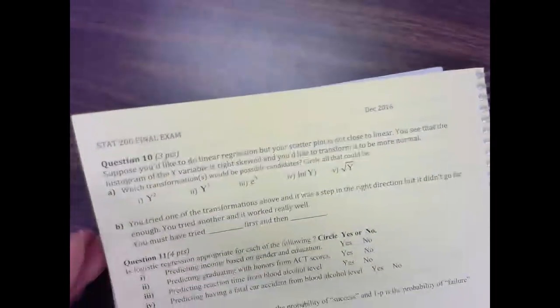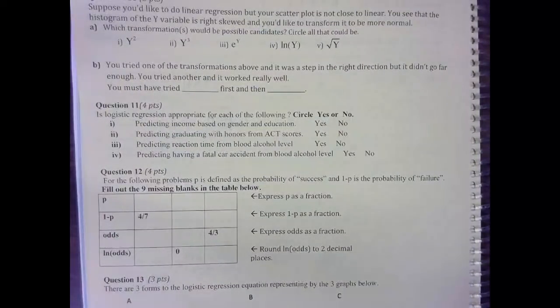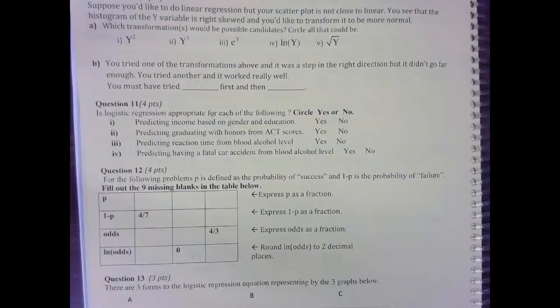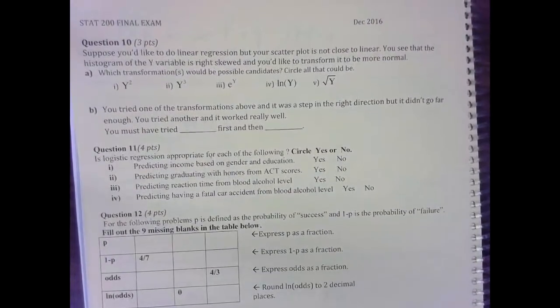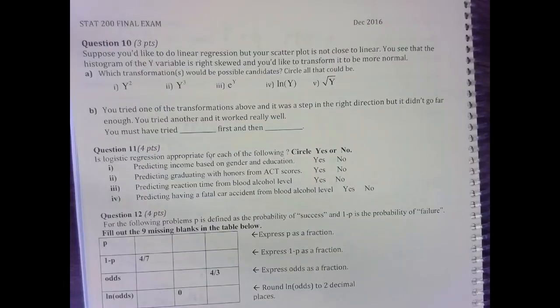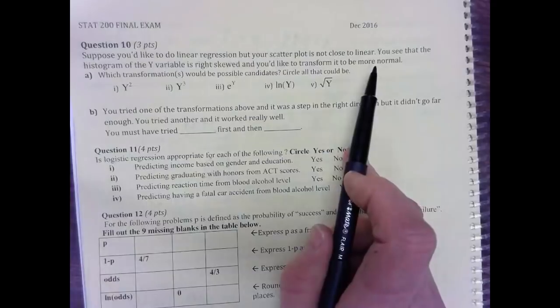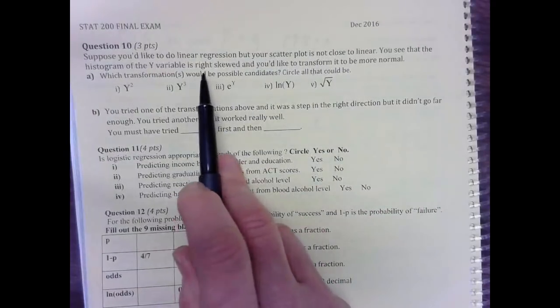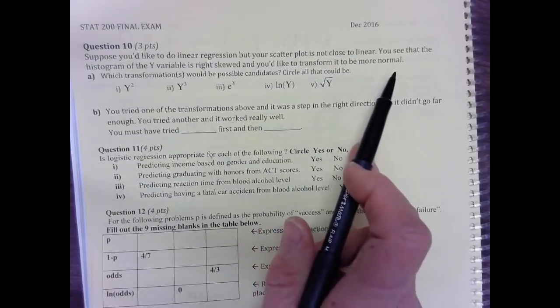And here we are. Okay, so now we're on this exam 3 material, and the first question is about transformation of variables. It says, suppose you'd like to do a linear regression, but your scatter plot's not close to linear. You see the histogram of the y variable is right skewed, and you want to transform it to be more normal.